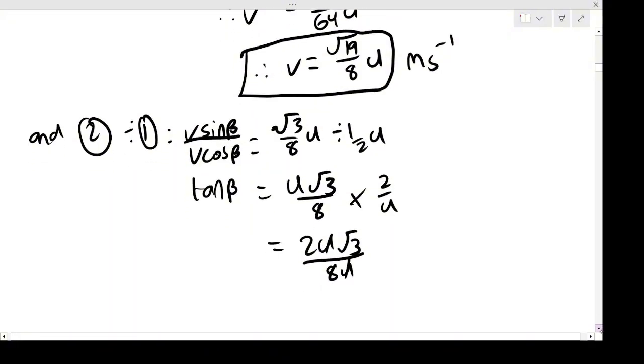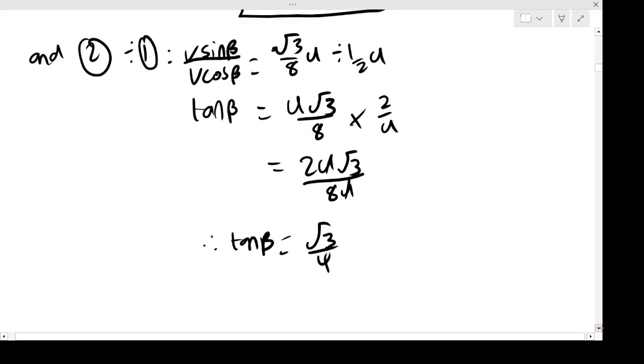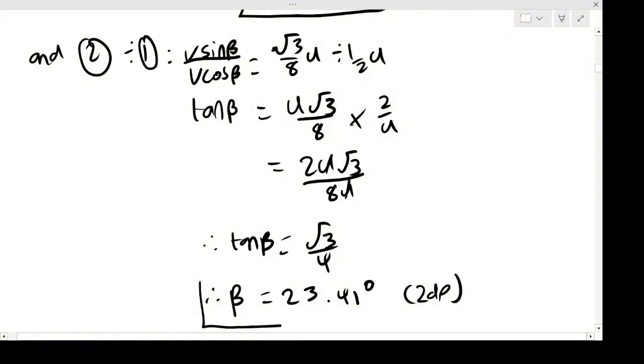And then that just goes to a quarter root 3. So we just get root 3 over 4. Hopefully happy with that simplification there. Then I can just do inverse tan to get beta to be 23.41 degrees to 2 decimal places. And so that's my angle beta there. Okay, so there we are.